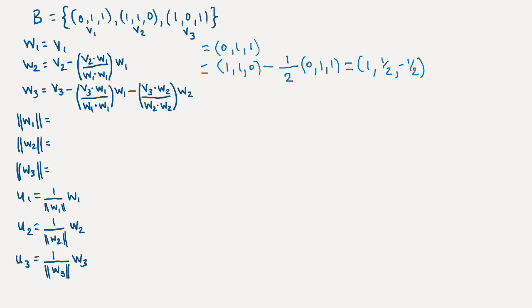Let's move on to W3. So first of all, let's write down V3. 1, 0, 1, and then we're going to subtract the projection of V3 on W1, where V3 is 1, 0, 1.